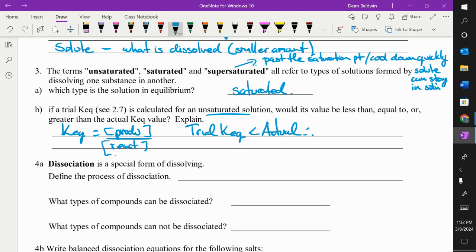Therefore, you can add more. Trial KEQ is less than actual.